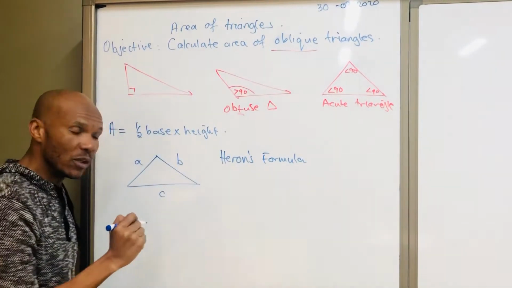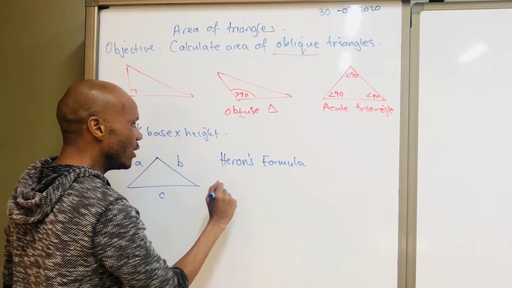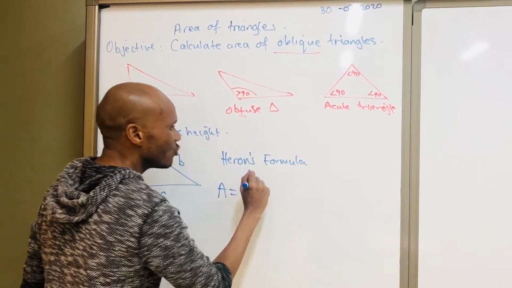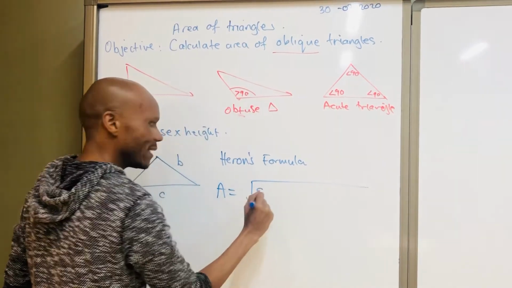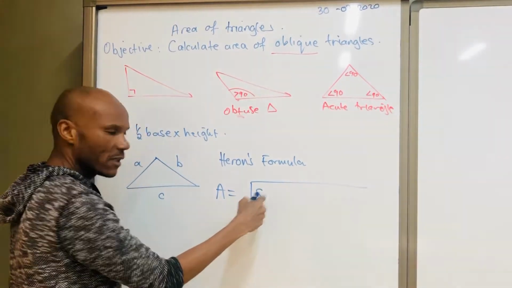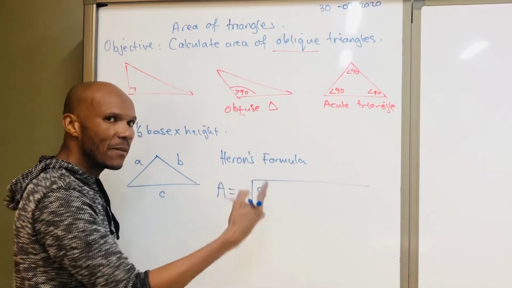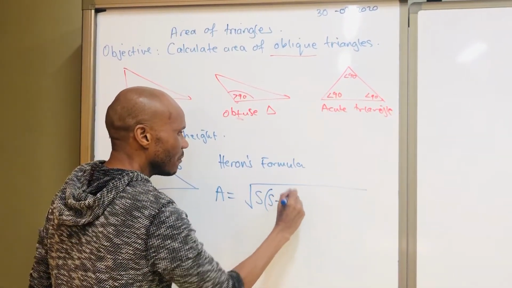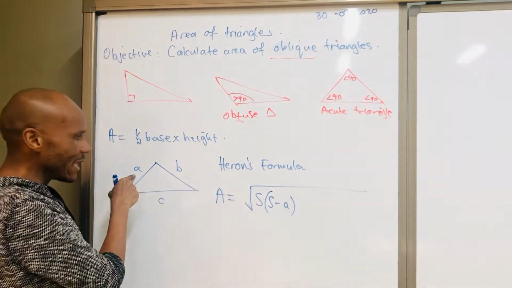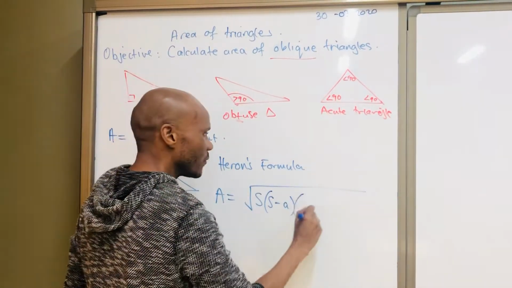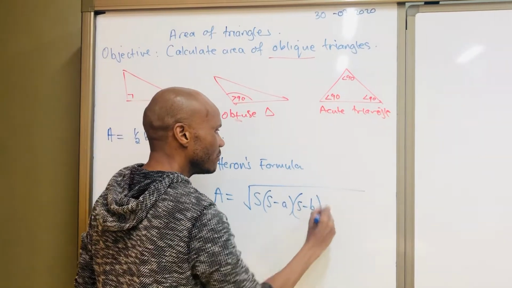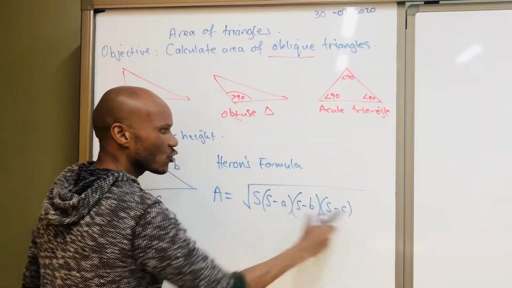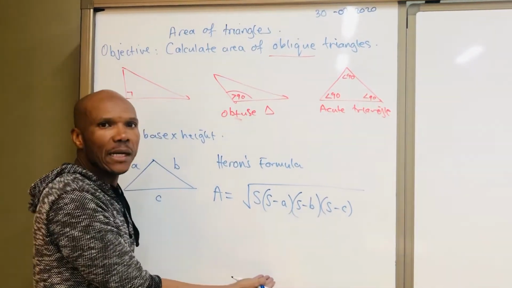And Heron's formula says the area would be the square root of S, where S is the semi-perimeter, times S minus A, times S minus B, times S minus C. You square root this and you find your answer.